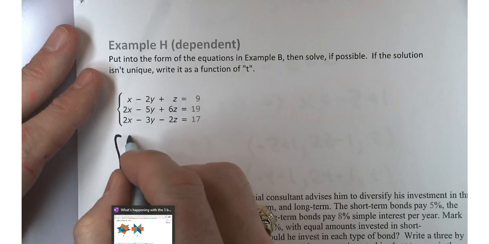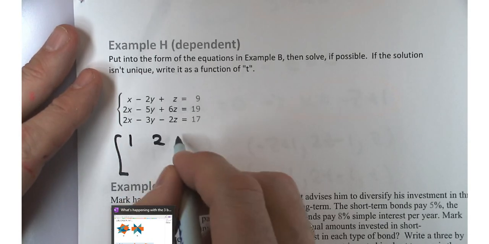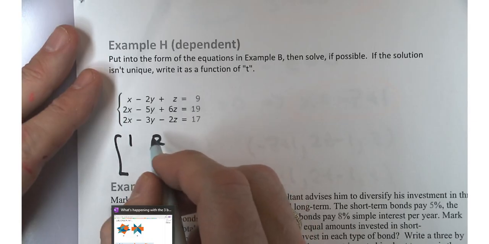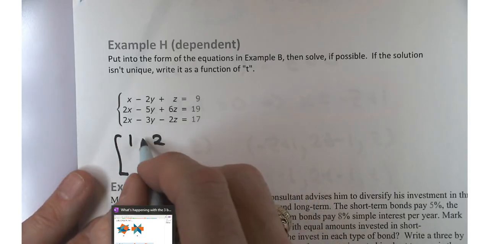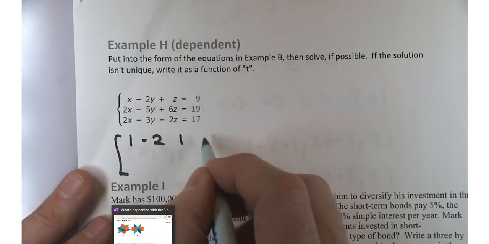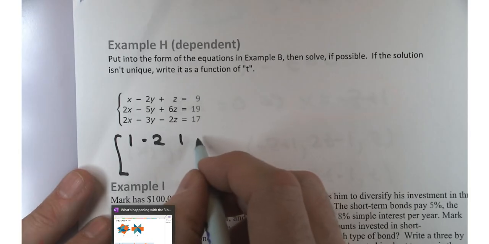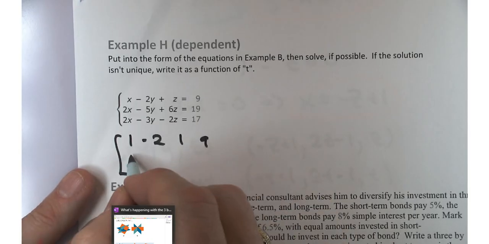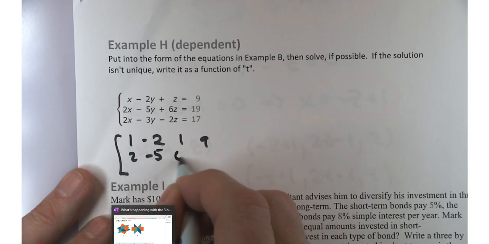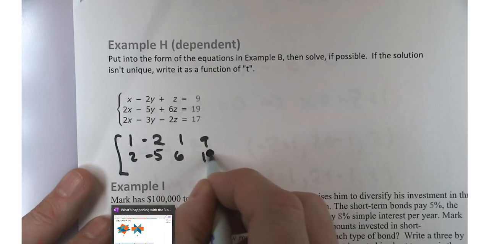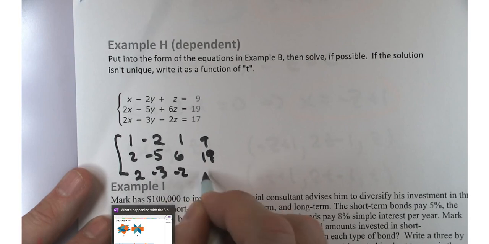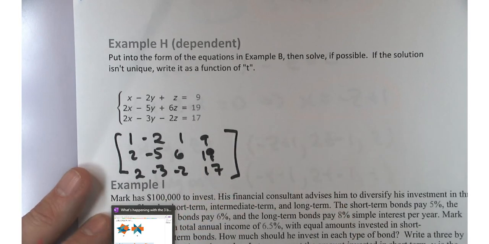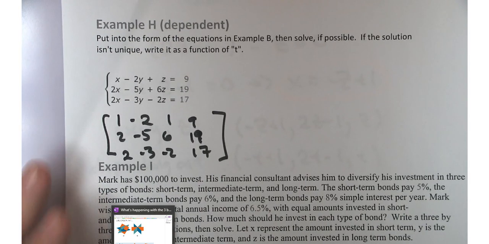You know what, we're going to have to maybe do this one out. 1, -2, 1, 9, 2, -5, 6, 19, 2, -3, -2, and 17. So that's what we're going to have to put into our calculators for this one.